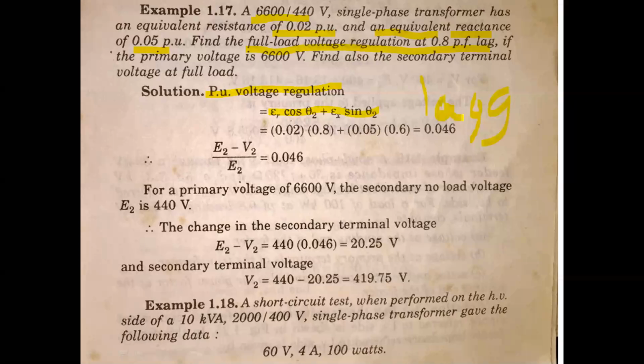If it is a leading power factor, it is minus sigma r cos theta 2 plus sigma x sin theta 2. So a lagging power factor means plus.